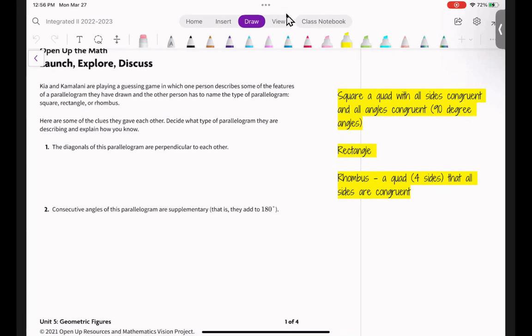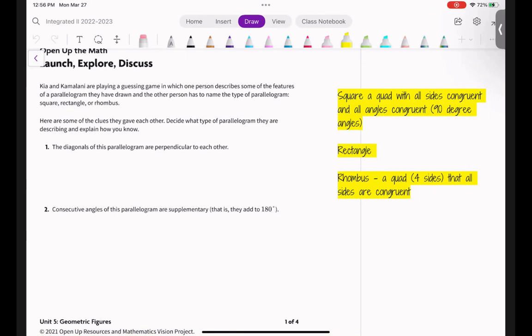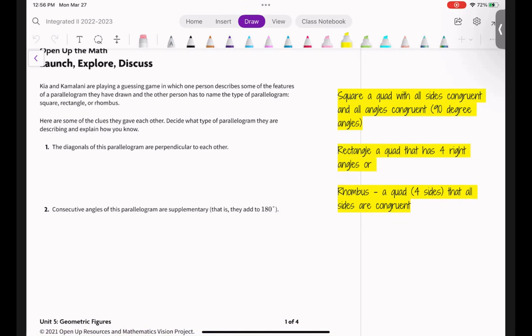Yeah, it's a quad that has four right angles, or if you want to say four congruent angles, that works too. Everybody okay with that? Okay. So you should all know what the pictures of those look like because you have seen them since you were probably in first and second grade, maybe even sooner.